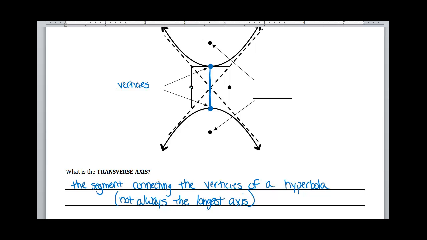Next, similar to an ellipse, a hyperbola also has two co-vertices. These co-vertices connect what we call the conjugate axis.